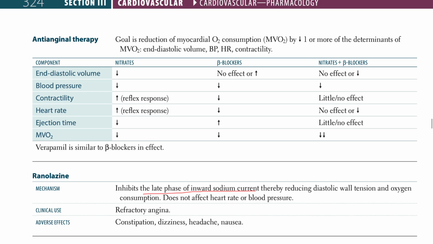So now let's look at anti-anginal therapy. The goal is to reduce, important point, we talked about this, myocardial O2 consumption, known as MVO2, by decreasing one or more of its determinants.